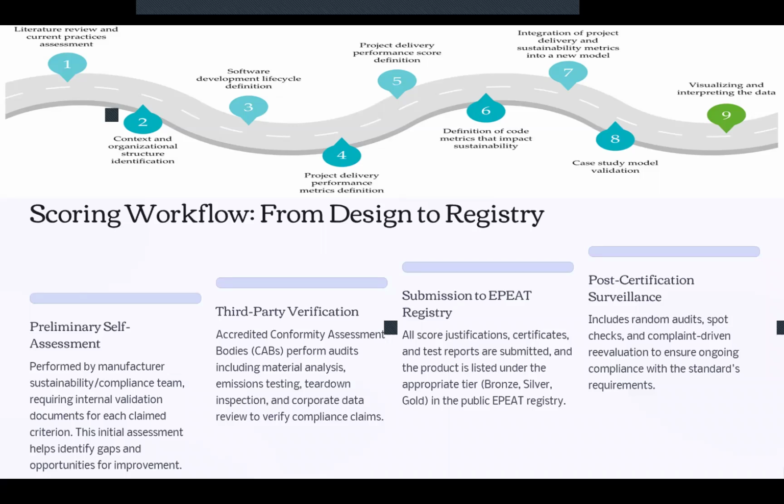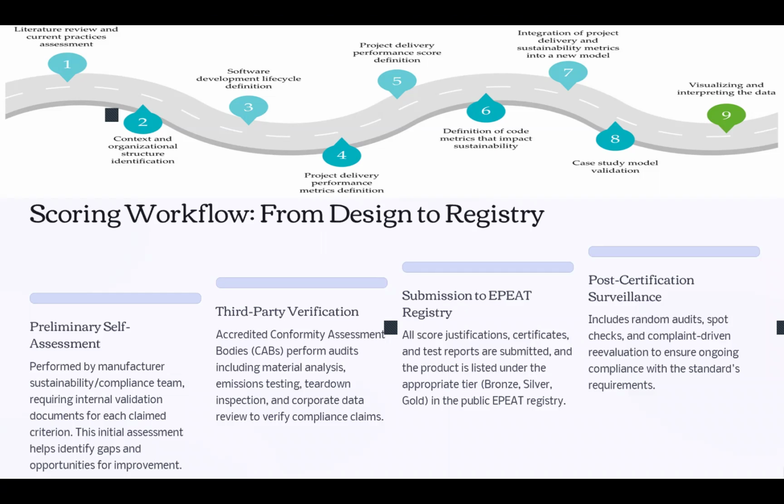Now, let's walk through how a product actually gets certified under IEEE 1680. It is not just a checklist, it's a whole process. First, the manufacturer does a self-assessment. This usually means their internal sustainability or compliance team reviews the product and checks how well it aligns with the IEEE 1680 criteria.